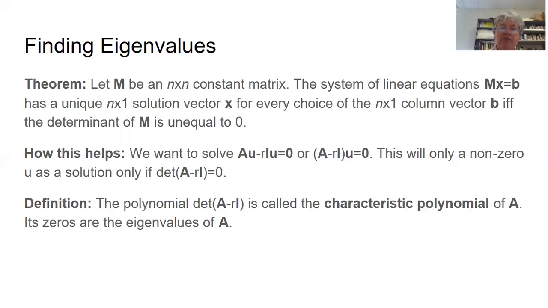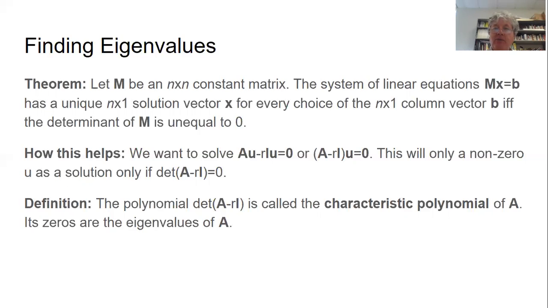This has a unique solution vector x for every choice of b if and only if the determinant of M is unequal to 0, right? Because how do you solve Mx equals b? Well, you let x equals M inverse times b. So you want M to have an inverse, and that's only true if the determinant is not 0.